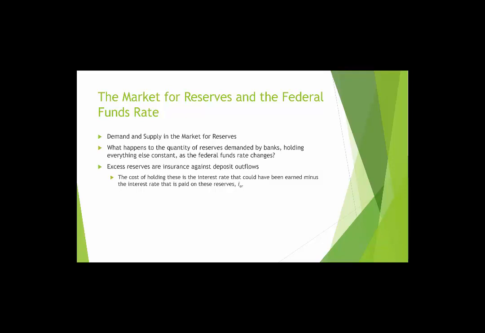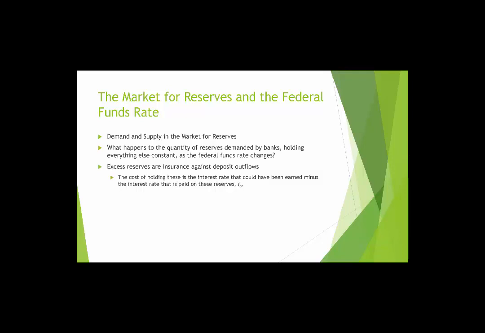Now, remember, the banks can borrow from other banks, in which case they do it at the Fed funds rate, or they can borrow from the Fed, in which case they do that at the discount rate. So overnight, if banks want to borrow money, there are two alternatives. You either borrow from another bank, or you borrow from the Fed.